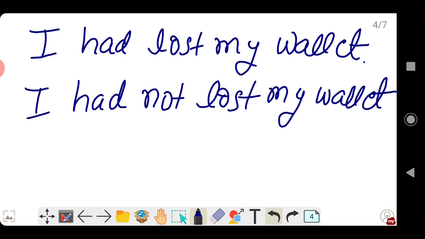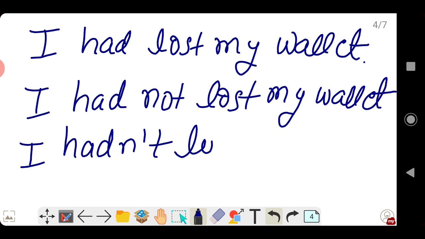In this case we are using not plus verb third form. I had not lost my wallet. If you want to make it short, you can say I hadn't lost my wallet.